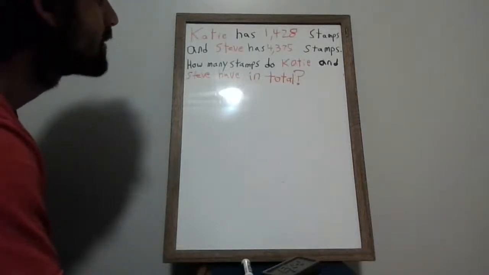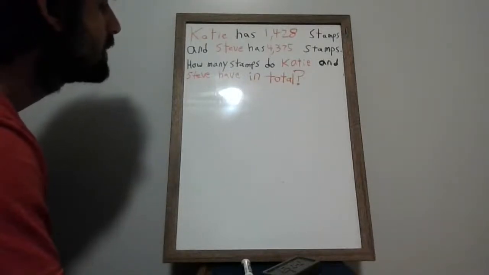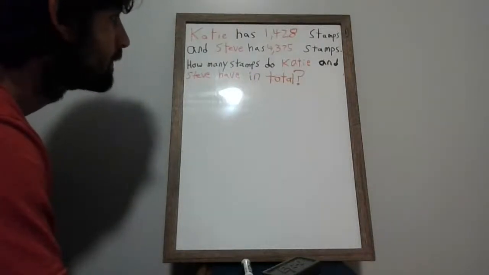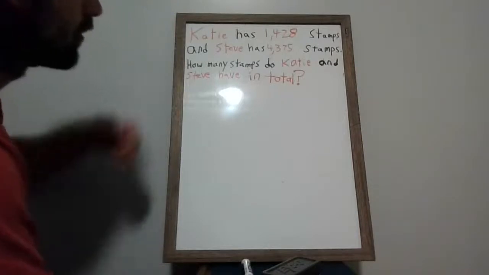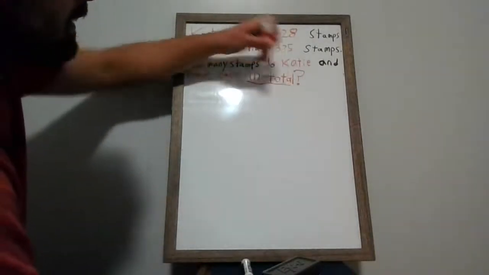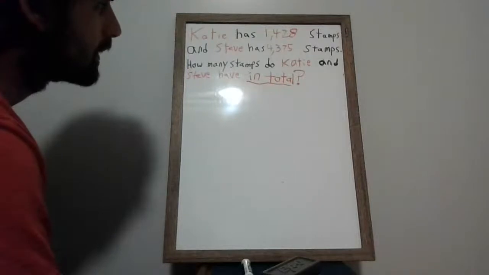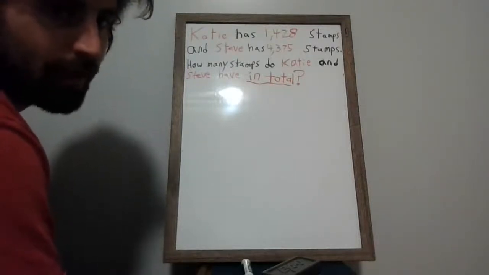Katie has 1,428 stamps, and Steve has 4,375 stamps. How many stamps do Katie and Steve have in total? In total. So again, key vocabulary that gives us a clue that we are working with addition problems.